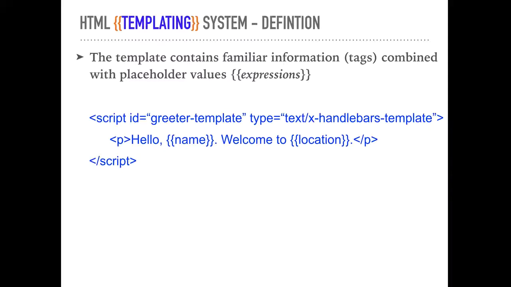So these placeholders are not just our typical placeholders. These placeholders are actually pointing to literal properties within our object. So it's expecting that data to be there when we compile it. And we'll talk about compiling in a moment.